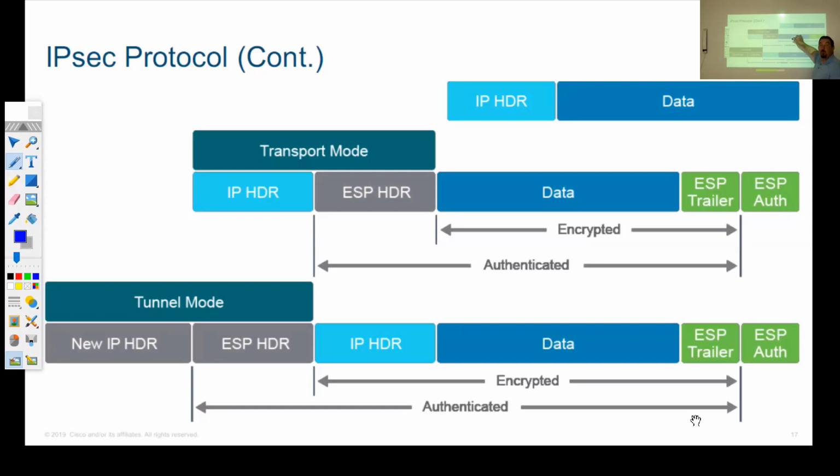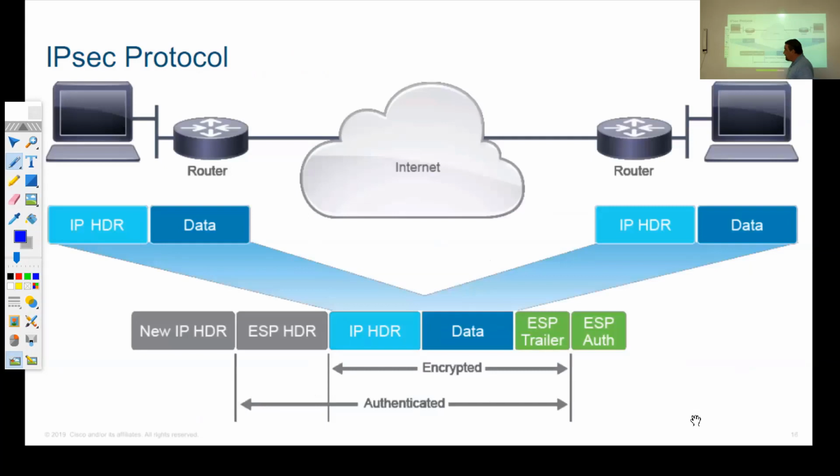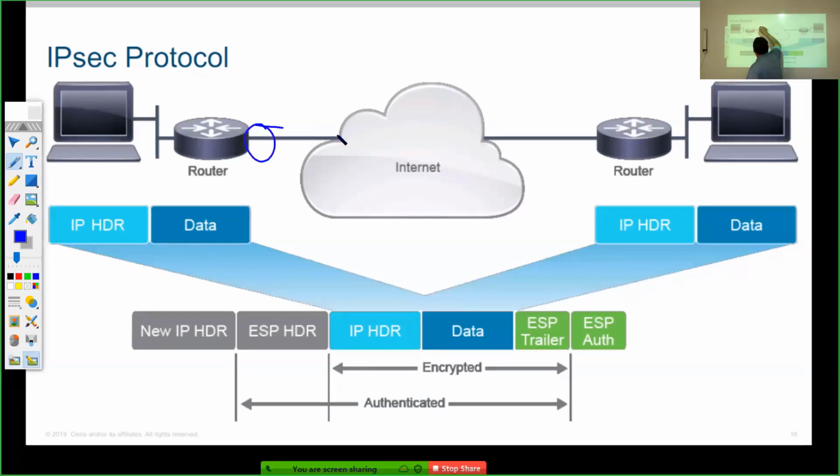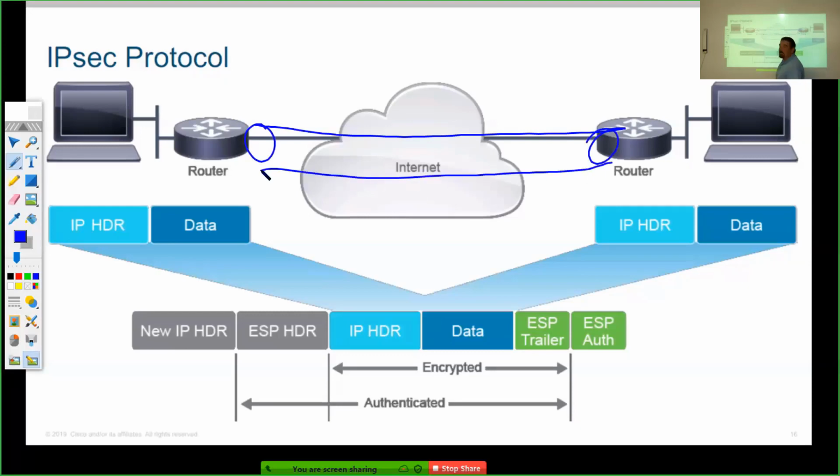And we see transport mode used a lot more in IPv6, where everybody has a global IP address, and we can encrypt and decrypt between the different endpoints. Right? We mentioned earlier that our tunnel is usually from one end to the other end in a site-to-site environment.